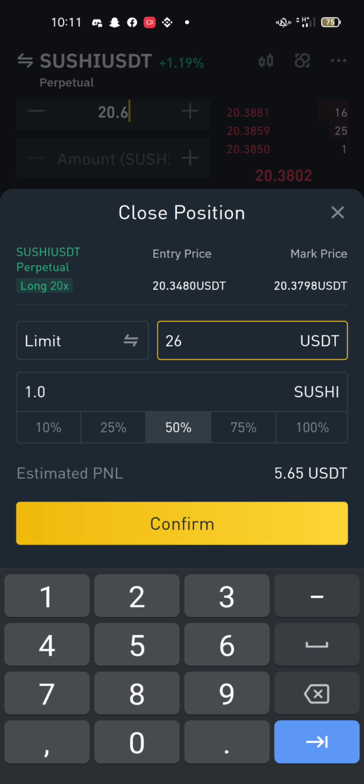When it reaches $26, my profit will be $5.65 on this position. So this is the way that we give you 3 or 4 take profits, 1, 2, 3, 4. This is the way that you put your take profits here for convenience.